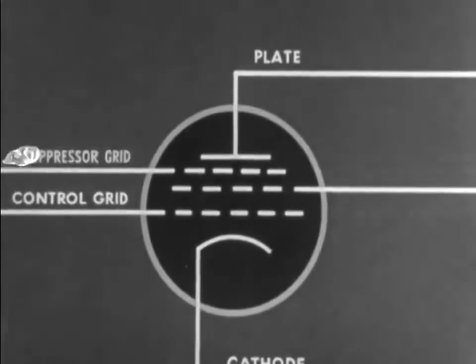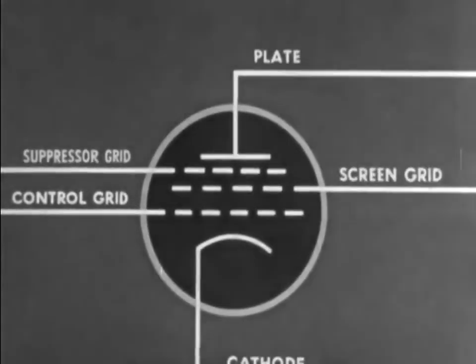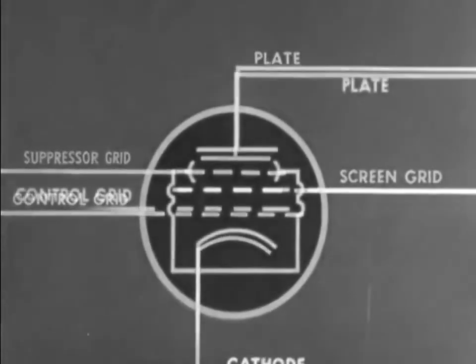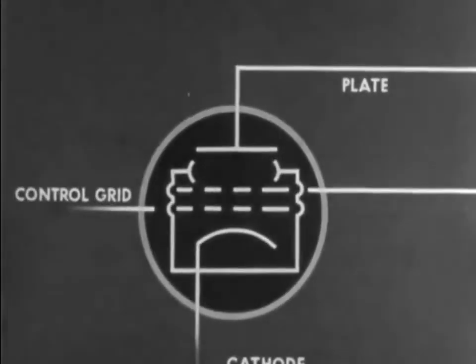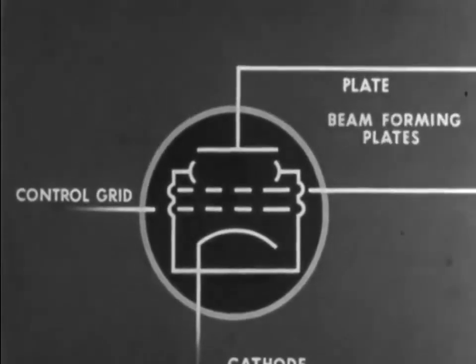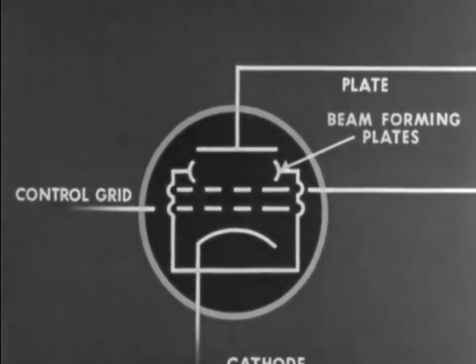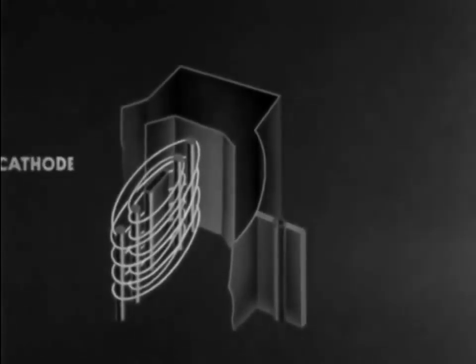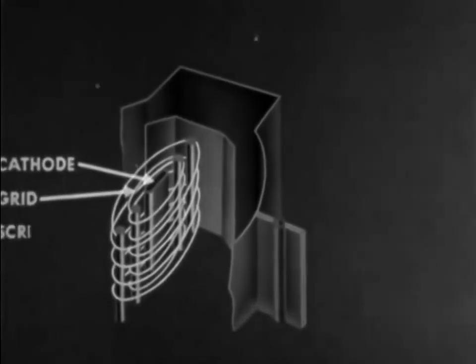The suppressor grid between the screen grid and the plate in the penthode may be omitted. Instead, what is known as beam-forming plates are substituted. This is the symbol for the beam power output tube. This tube is built with the usual cathode, grid, screen, and plate.